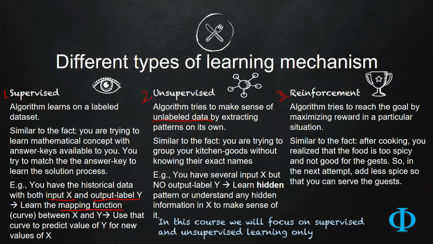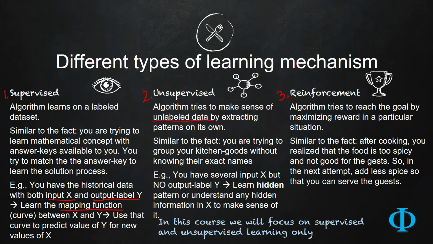When you really do not know the exact name of all the spices or the utensils or the fruits, but just by seeing their visual properties, you are grouping all the spices in some place, all the utensils in another place, and all the fruits in other places. That's pretty common, right? And that's exactly the unsupervised learning.